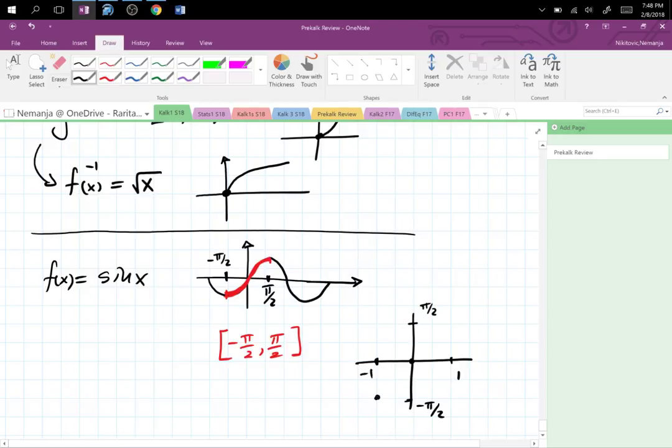So you're starting here, and then it's going to end in this corner, and you're just going to have the inverse. And this line over here is sine inverse of x. So restricted domain helps you.